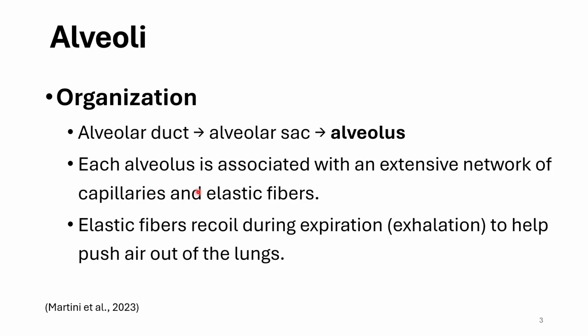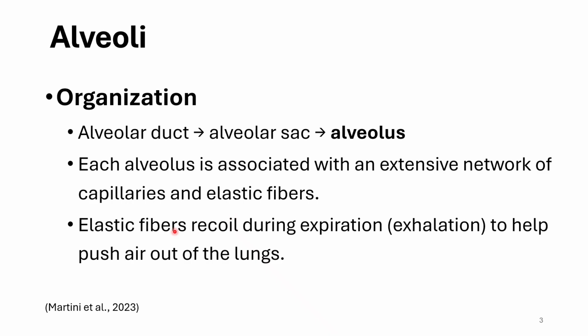Each alveolus consists of an extensive network of capillaries and elastic fibers. Capillaries get the oxygen from the environment and release the carbon dioxide into the environment, and the elastic fibers give the elasticity so that it can expand or relax.